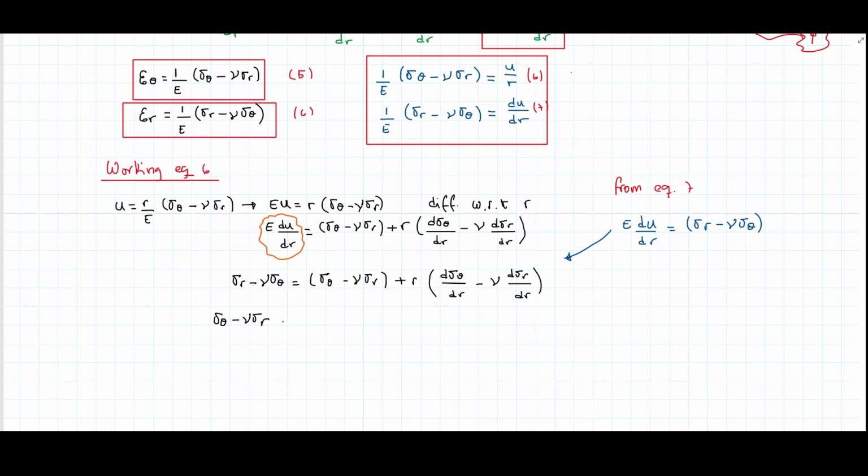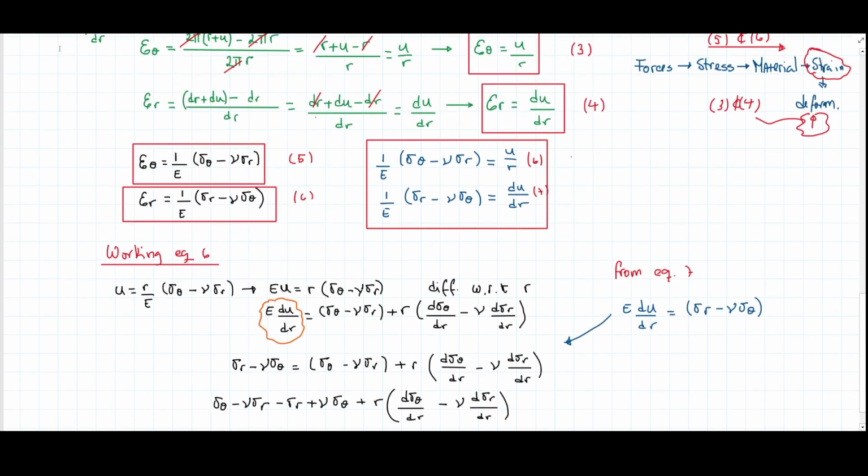This is going to be minus this one here, plus this one here, then plus this one here. Now this is getting to the shape I needed. This one here, minus this one here. And this one here.